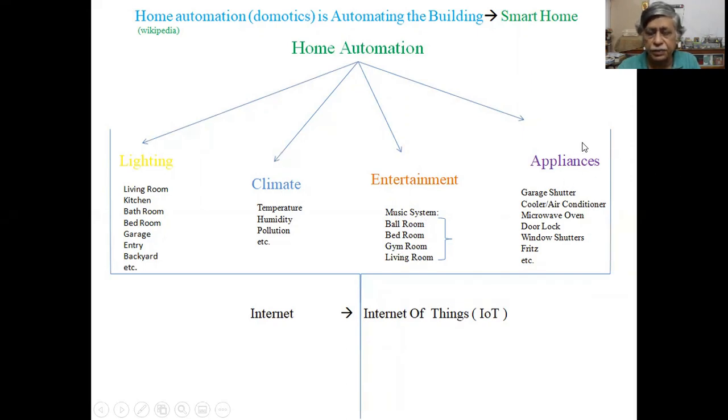Then as far as the appliances are concerned, you can try to control a cooler or air conditioner, a shutter of the garage so that you can try to park your vehicle, the door lock system, microwave oven, window shutters, and so on and so forth. Well, all these things can be controlled with the help of internet that we try to connect to the device, and hence it comes under the Internet of Things project.